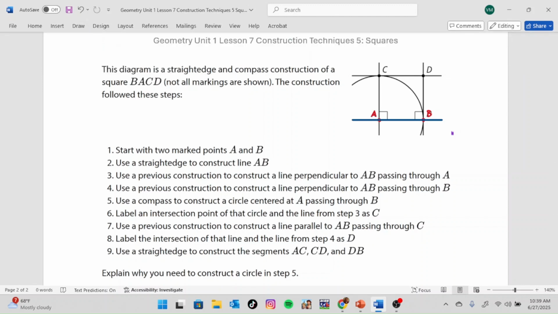Step number 3. Use a previous construction, meaning this line AB, to construct a line perpendicular to AB, passing through A. So they drew this vertical line on the left.